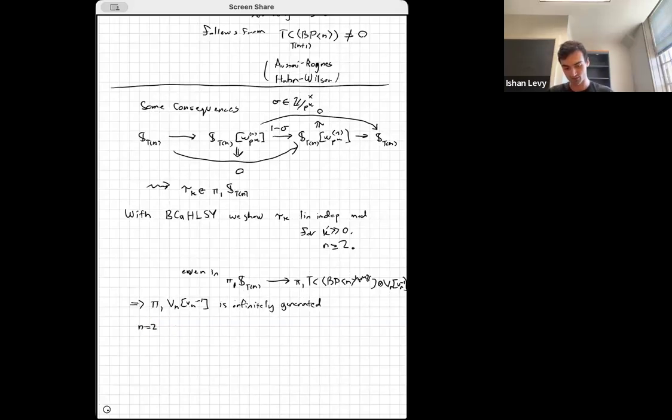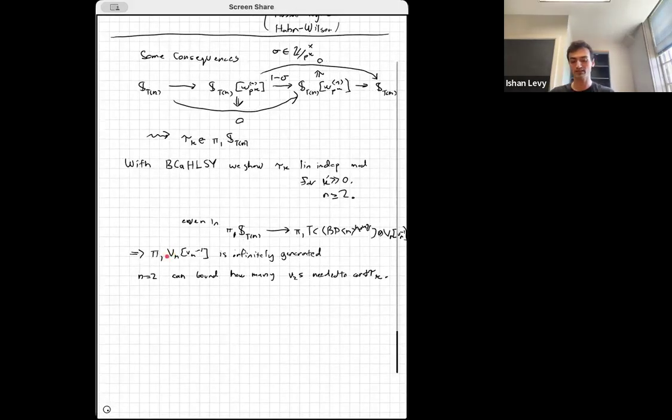For n equals 2, you can bound how many multiplications by V2 are needed in order to construct tau k. And so what you learn is an explicit lower bound on the size of pi1 of this type n complex.